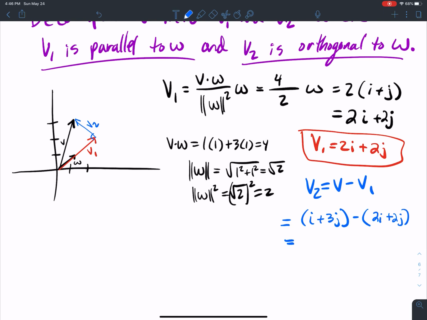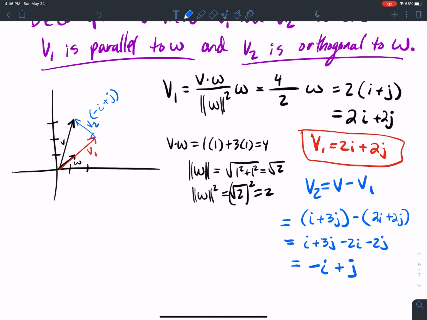So this equals i plus 3j minus 2i minus 2j. So that's minus i, and then plus j. So this here is minus i plus j.